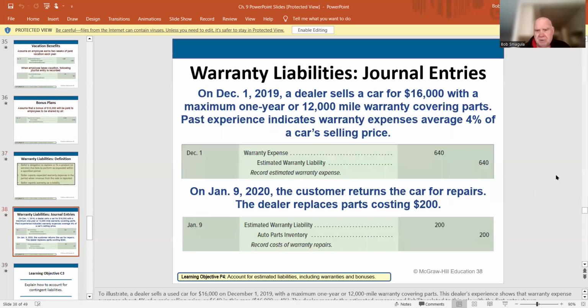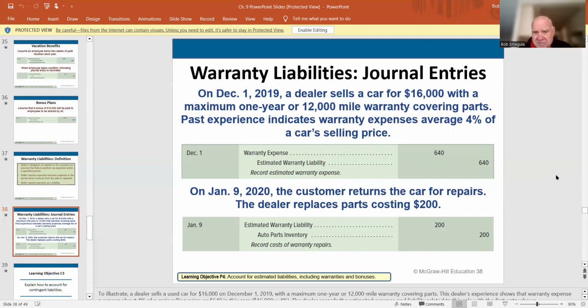A dealer sells a car for $16,000, maximum 1 year or $12,000 warranty covering parts. Past experience says there's an average of 4% of a car's selling price that gets repaired.